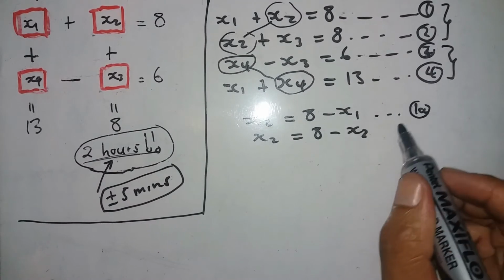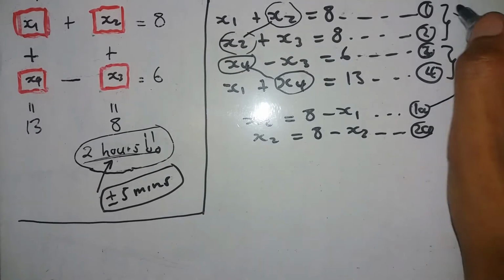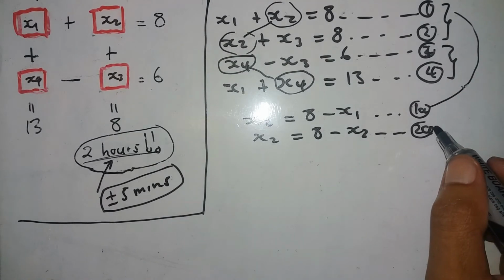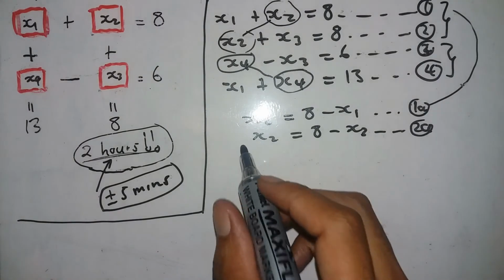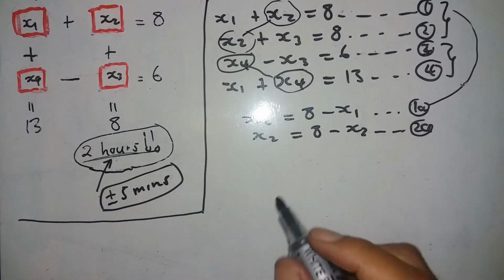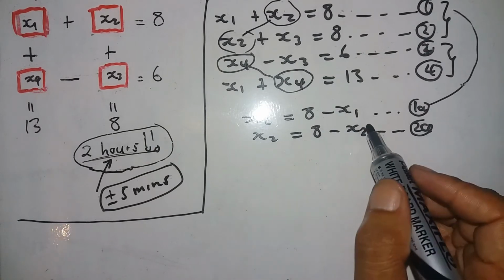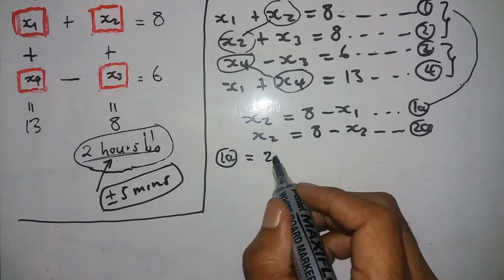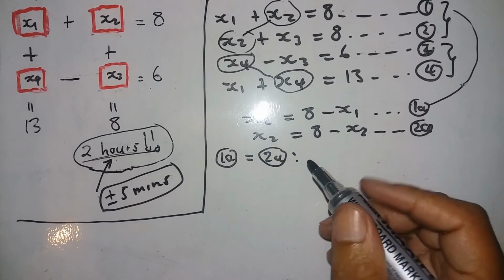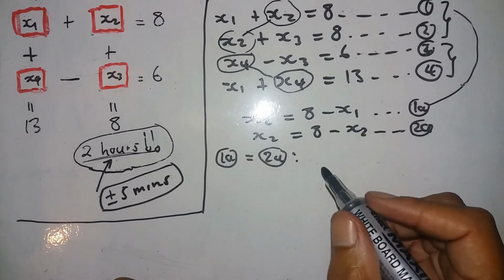Then I marked these as equation 1a and 2a: 1a because it was derived from equation 1, and 2a because it was derived from equation 2. Now I can solve them simultaneously. x2 is equal to this, x2 is equal to this, so in other words, equation 1a is equal to 2a.